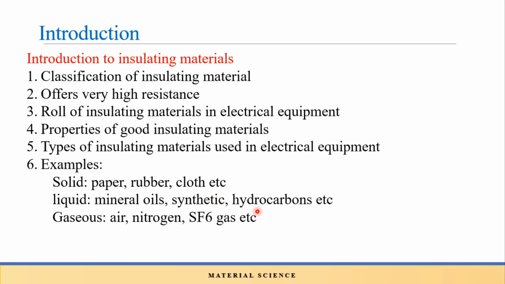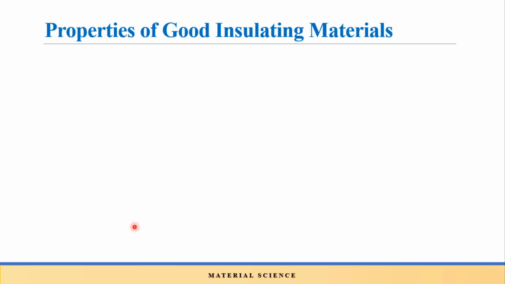These are some examples of liquid insulating material. If you're talking about the gaseous insulating material, then I have air, nitrogen, SF6 gas, which are used in industry for insulation purposes. So this is the short introduction to insulating materials.